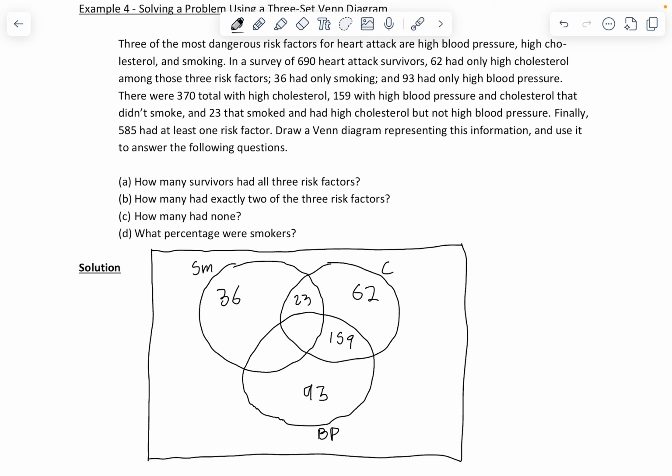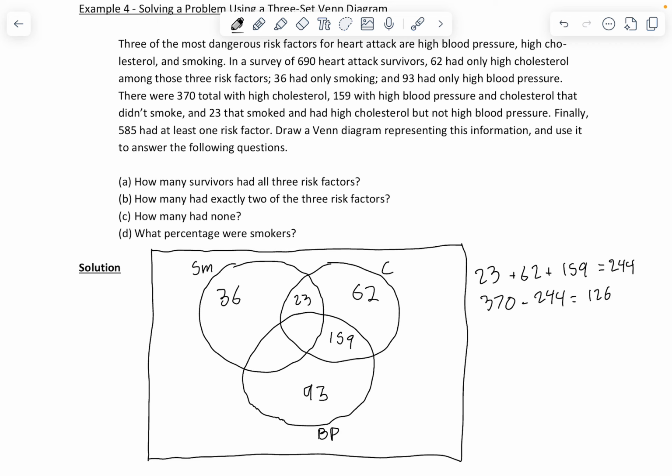23 plus 62 plus 159 equals 244. Then we take the 370 total with high cholesterol, 370 minus 244, that equals 126.